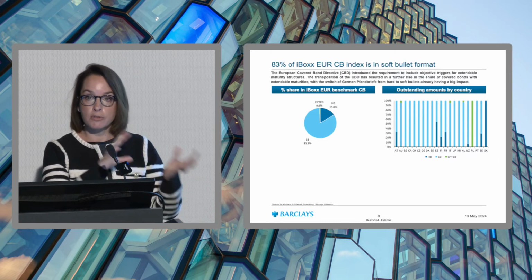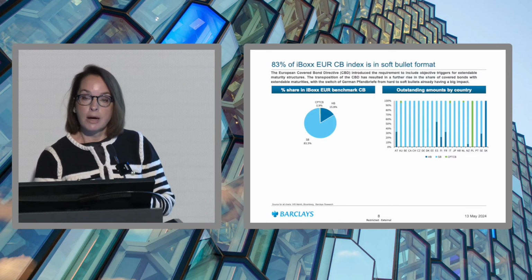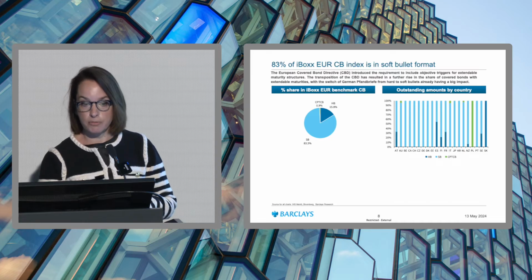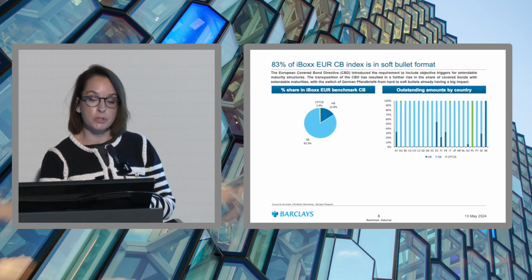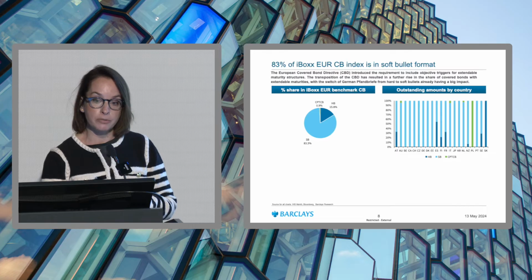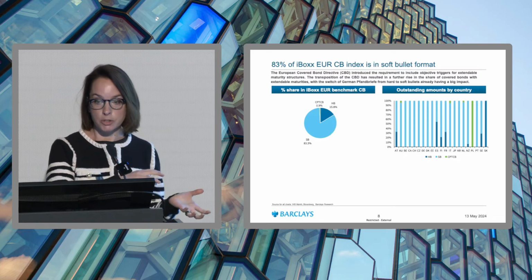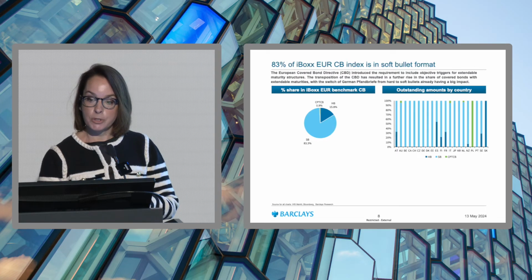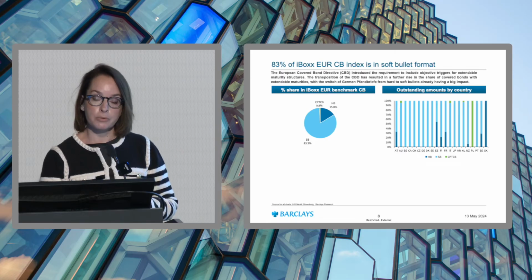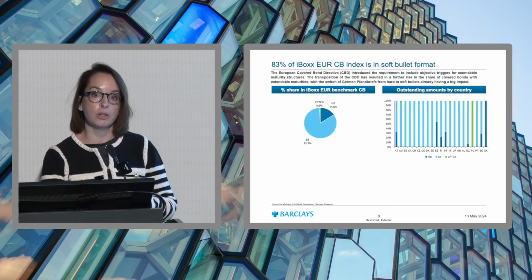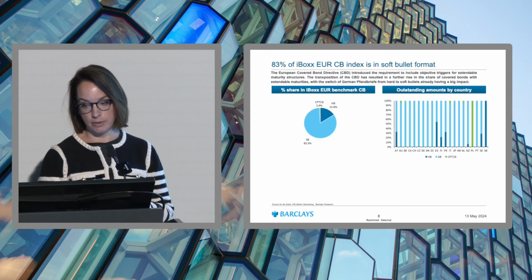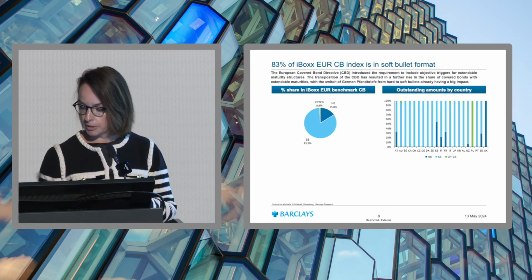And with the transposition of the directive into national laws, we had a further rise in the share of these soft bullet covered bonds, especially with the switch of the German Pfandbriefe, where they switched from hard to soft bullets. So whereas prior to the covered bond directive, the German Pfandbriefe were all hard bullets, now they've all turned to soft bullets.